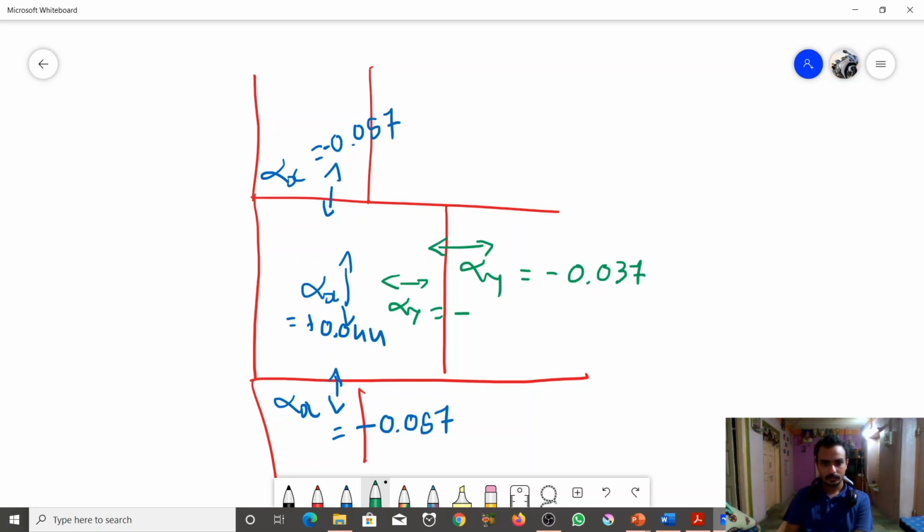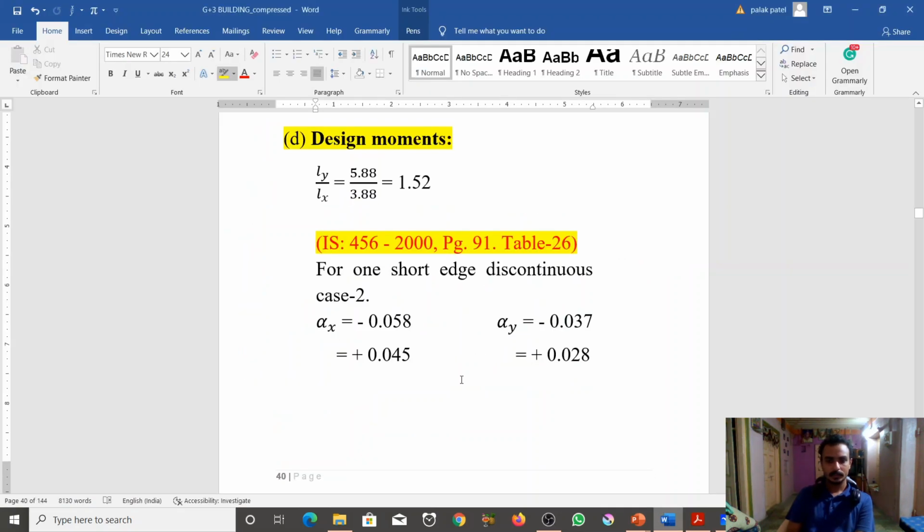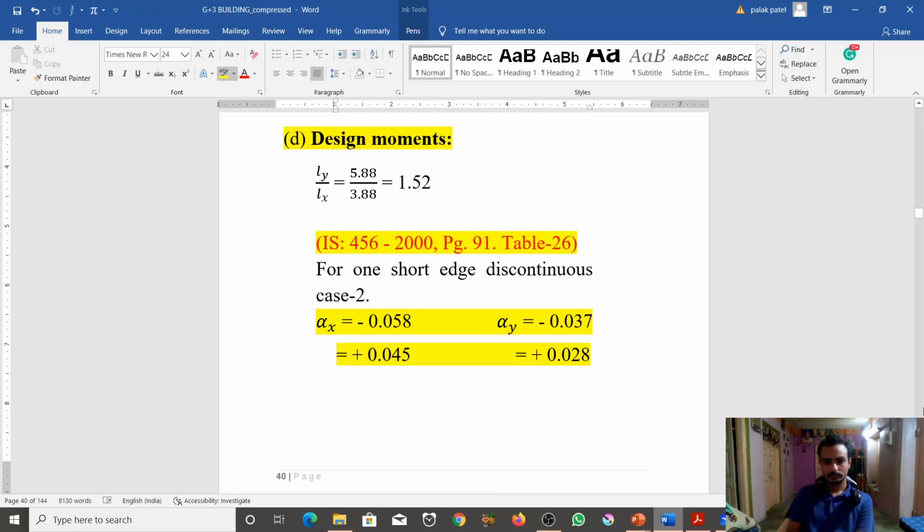These are the middle strip moments, and these are the edge strips. The negative alpha y does not apply here because this span is discontinuous, but this span is continuous. That's why we have both alpha x and alpha y values.